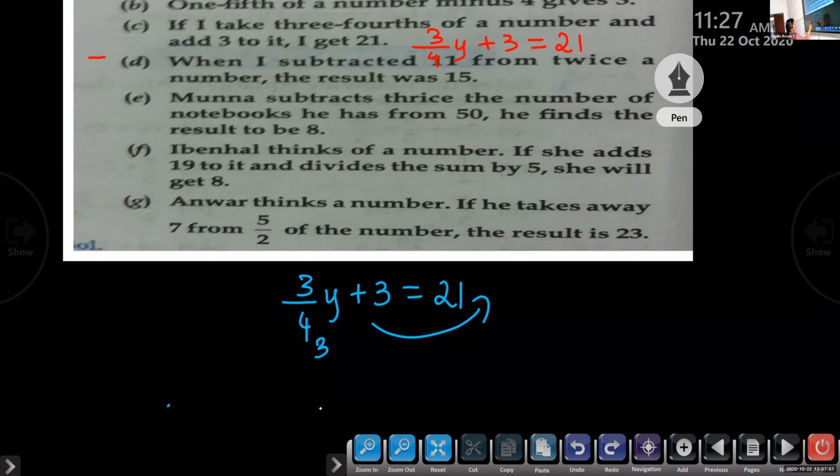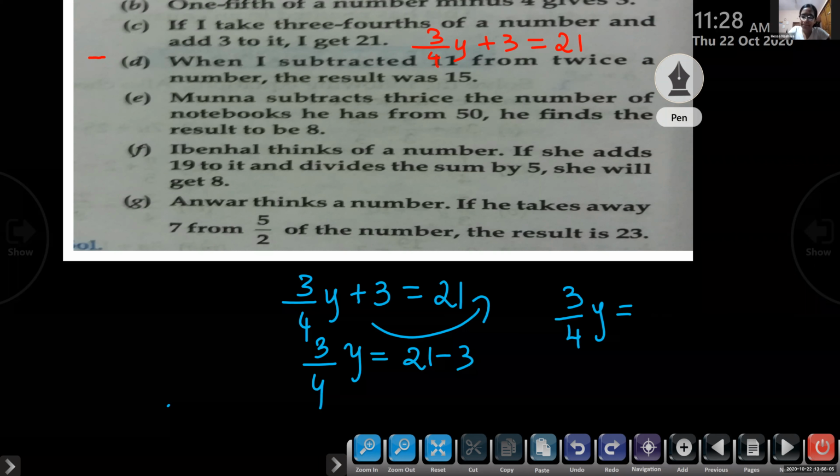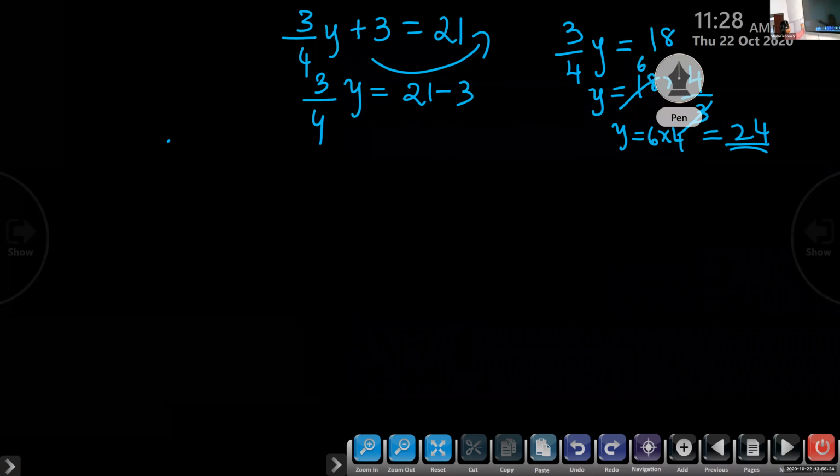So 3 by 4 y is equal to 21 minus 3. 21 minus 3, you will be getting as 18. So y is equal to 18 into 4 by 3, right? 3 sixes are 18. So y is equal to 6 into 4, 24. The answer is 24.